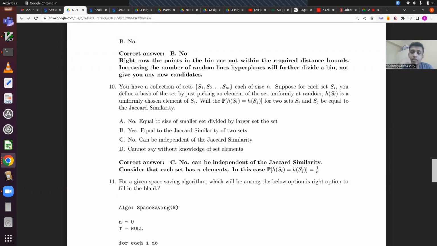H(Si) is a uniformly chosen element of set i. So the size is fixed and the hash selects a location uniformly at random, and whatever element is at that location, it picks it. Now, will the probability that H(Si) equals H(Sj) for two sets be equal to the Jaccard similarity?